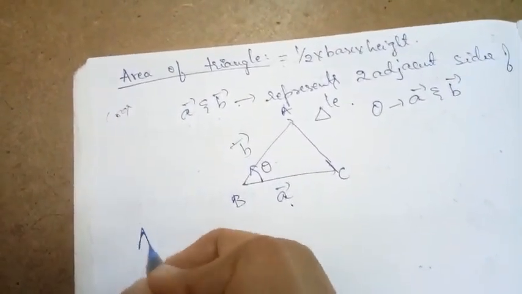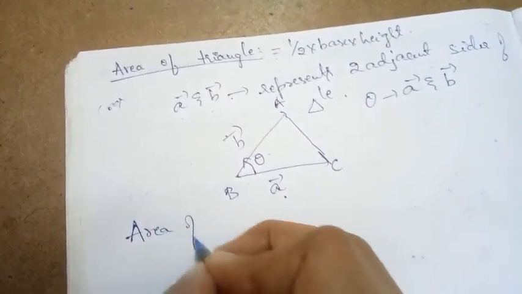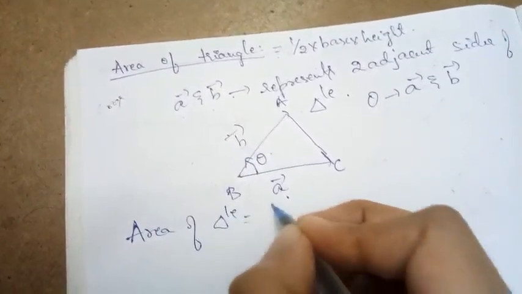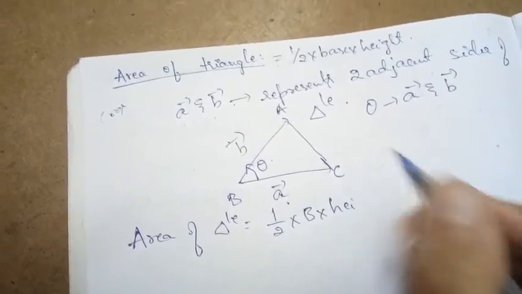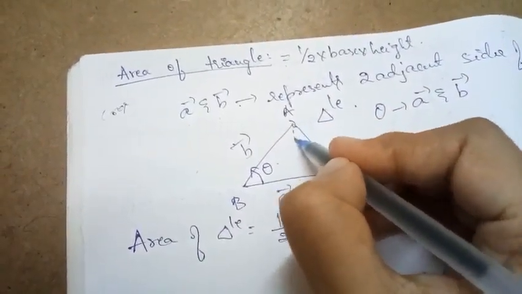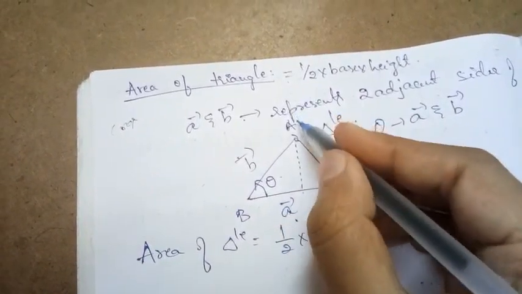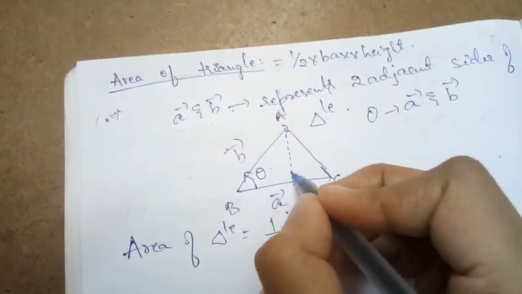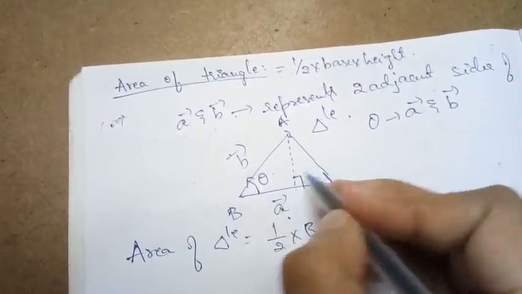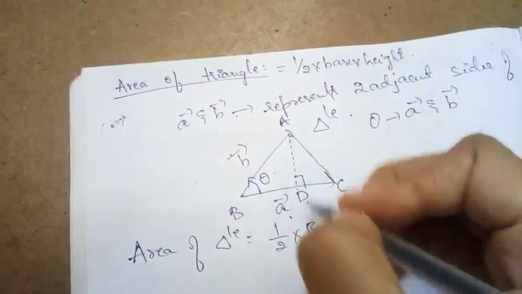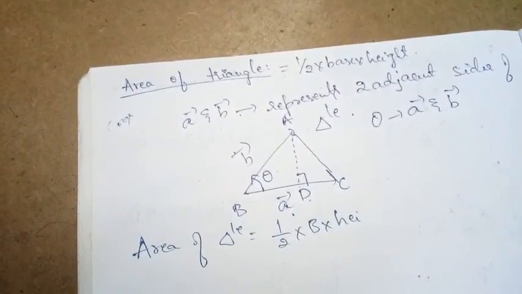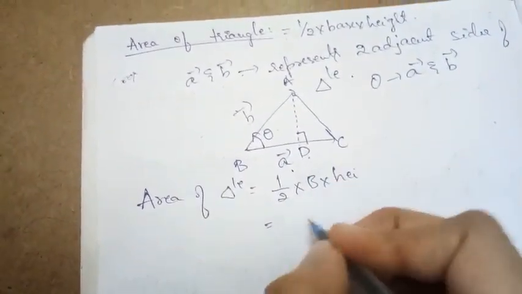So as usual, we know that the area of a triangle is nothing but half into base into height. If I draw a perpendicular from the point A to the base, I will call the foot of the perpendicular D. Then AD will be the height of this triangle. So what will be our base?